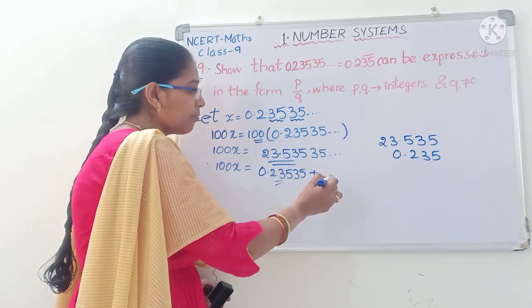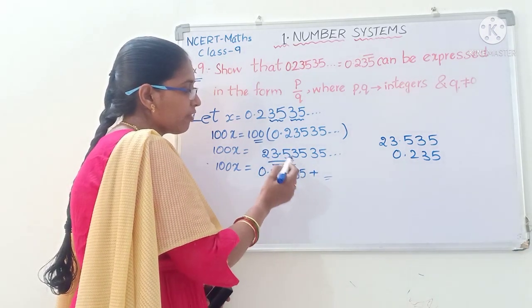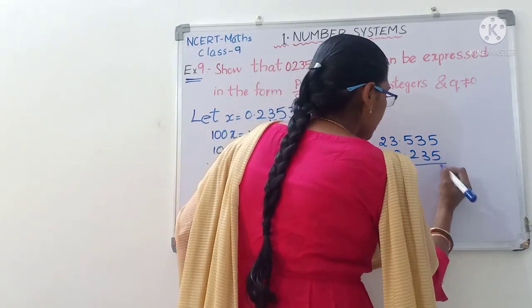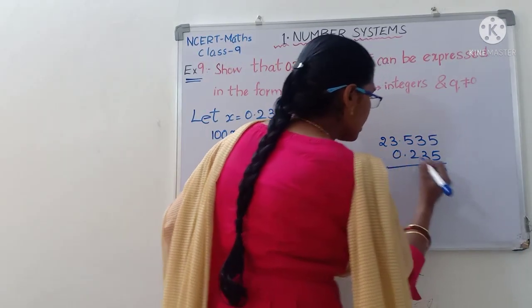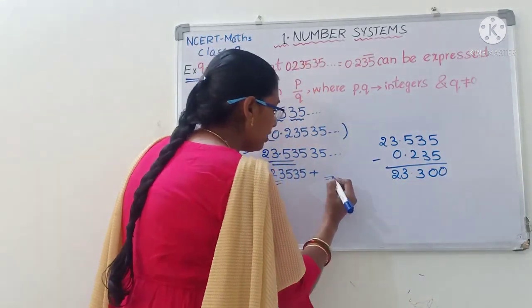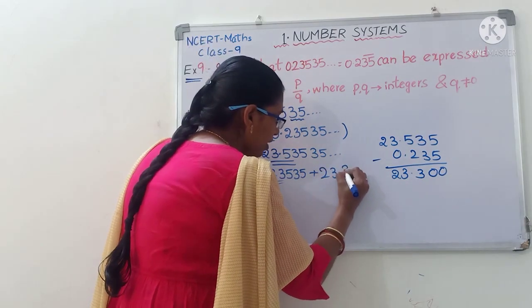How do you get the other number? By subtracting 0.23535 from 23.535, you get that. Subtract. 5 minus 5 is 0, 3 minus 3, 5 minus 2 is 3. You get 23.3.